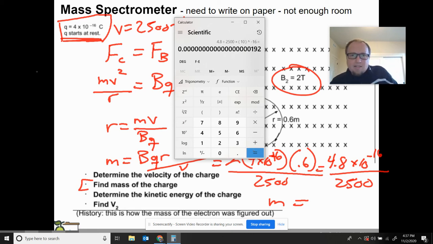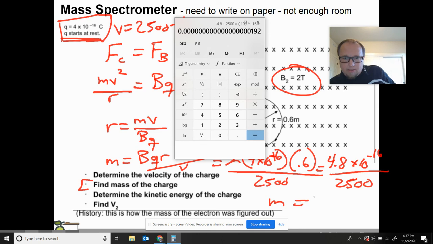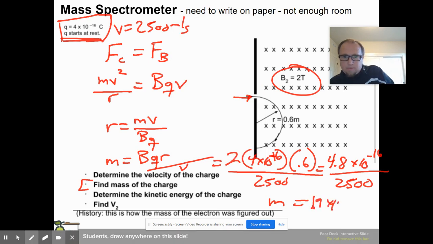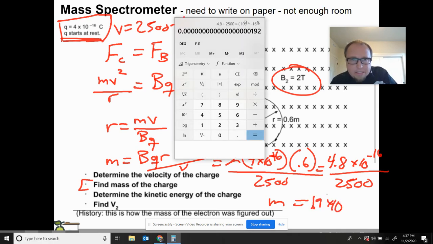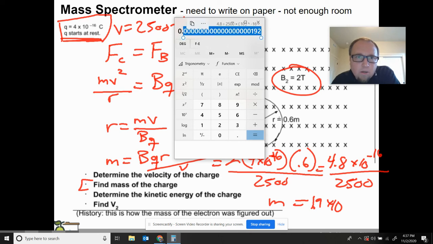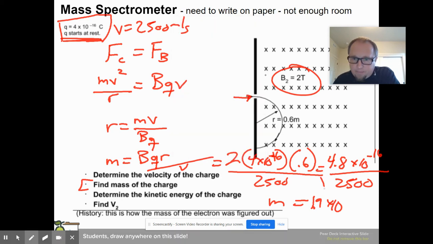Okay, so I get a mass of 1.9 times 10 to the negative 19 kilograms. That's not very big. Okay, 1.9 times 10 to the negative 19 kilograms.